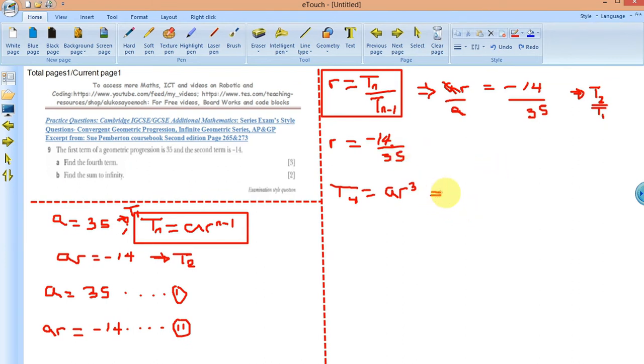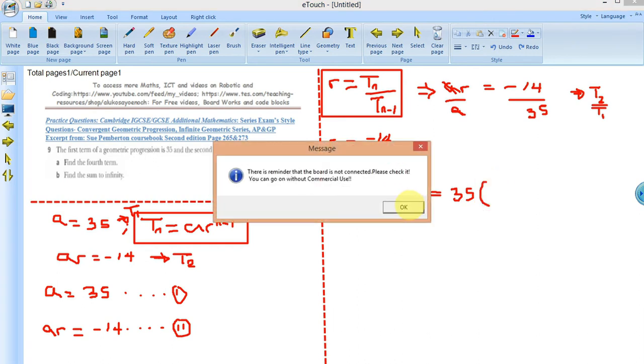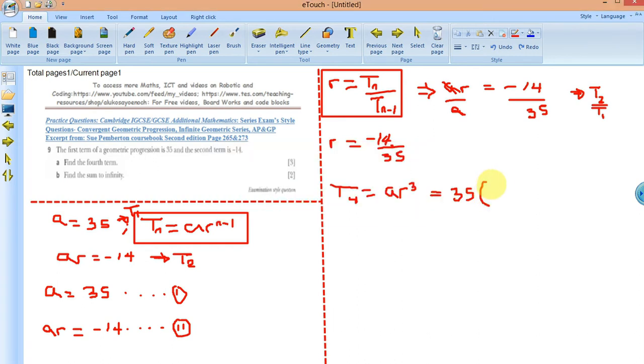So I have my a, that is 35, times, just open a bracket now because my r is a fraction. Sorry about that. So that is minus 14 over 35, that is r, all raised to power 3. Then I may need my calculator to complete the solution.